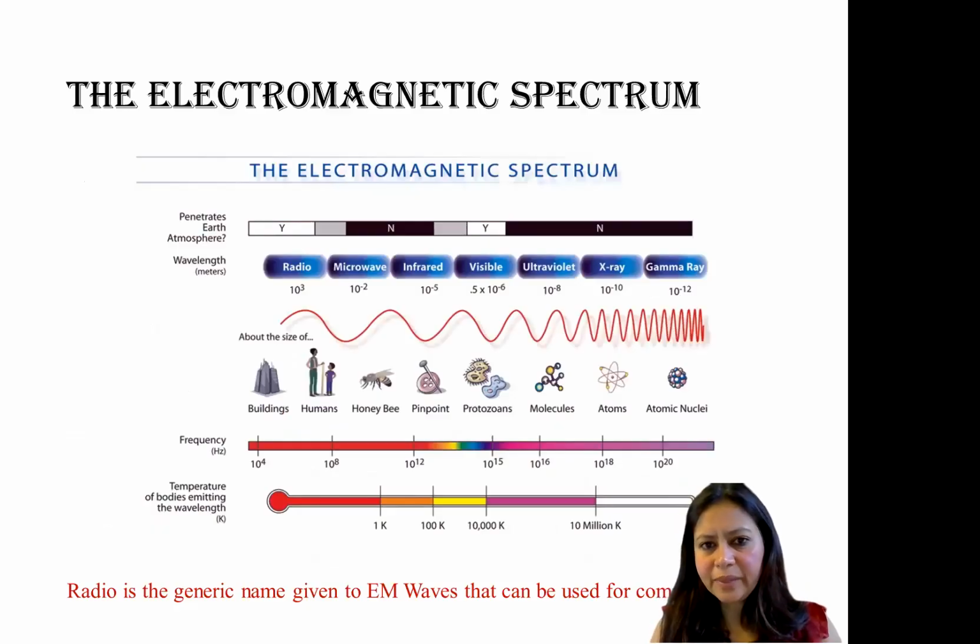Look at the electromagnetic spectrum, guys. The way I want you to think of the electromagnetic spectrum: when I first learned about it, what helped me understand it was thinking of the electromagnetic spectrum as a freeway.